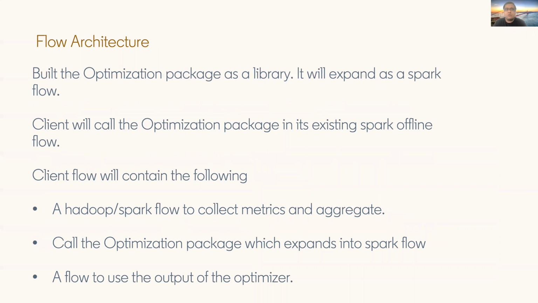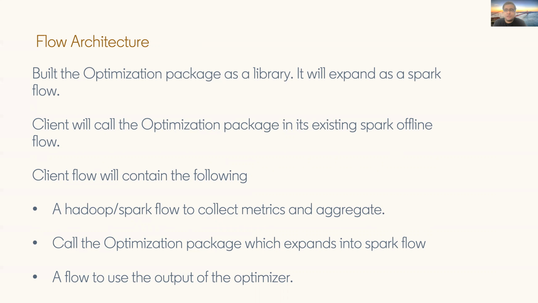And so let's look at what a typical client flow looks like. The client will call this optimization package in its existing Spark offline flow. And the client flow will really contain, at a high level, three flows. The first flow is a Hadoop or a Spark flow, which will collect the metrics and aggregate them.